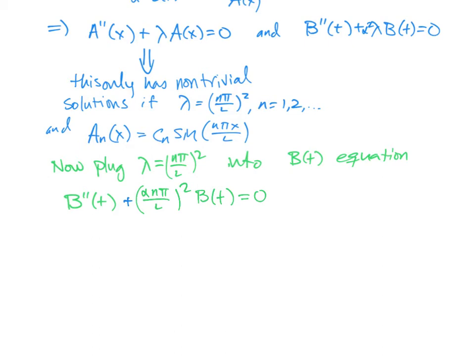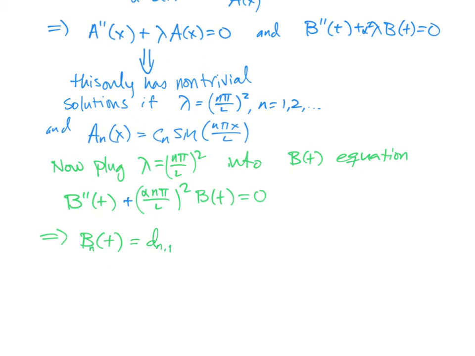And so that means that our solution will look like b of t. And actually we get a new solution for every n. So we have bn of t. I know we need two constants, c1 and c2, but we're already using c, so let's use d, which depends on n and a 1.